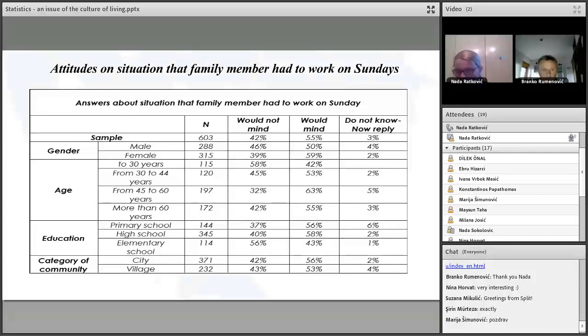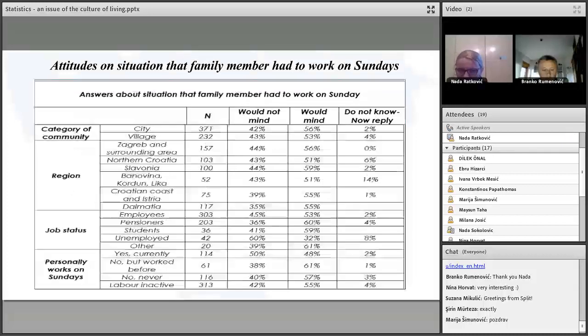Would mind, they are equal answers. Here is the region and job status. What people in Dalmatia say: 55% would mind. I know that is a big problem in Dalmatia because I say that people adore going shopping on Sunday.